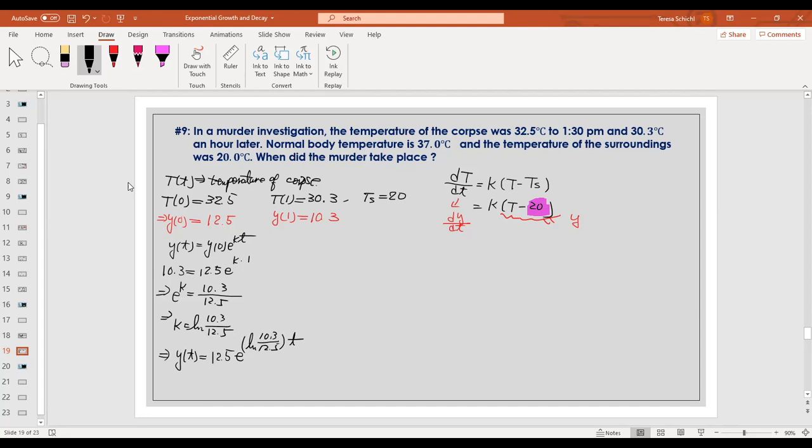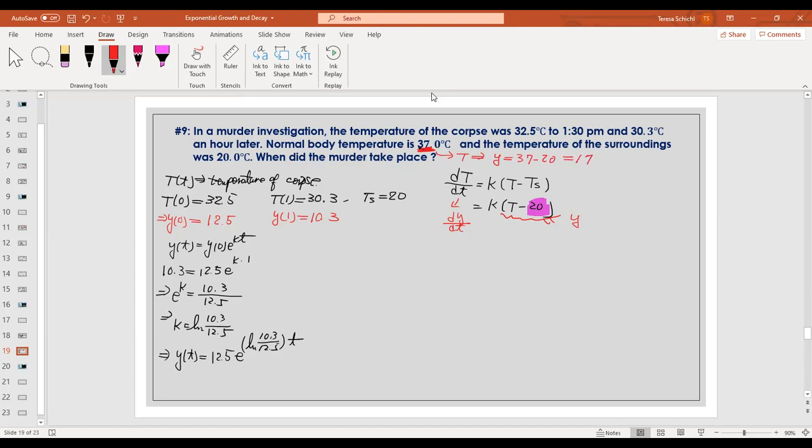Okay, and now for the normal temperature is 37, right? So we want to see how long it takes for the 37 to drop, right? So now this is my temperature, 37. So what is the Y value here? It will be 37 minus 20, which is 17 here.